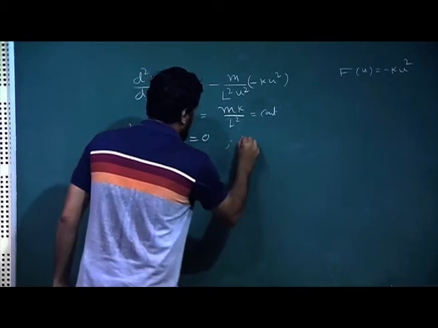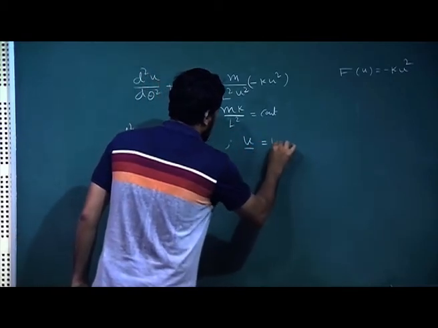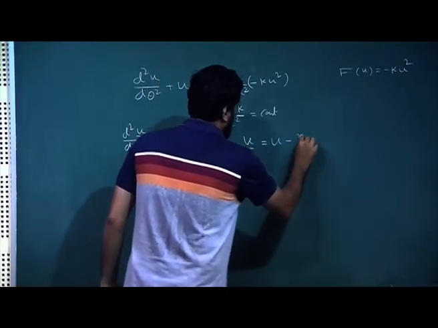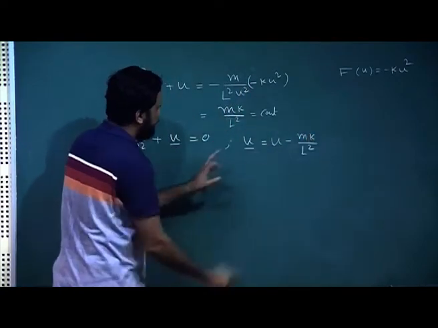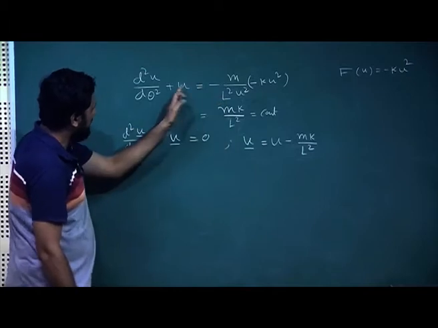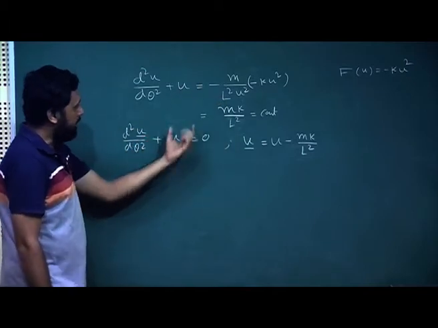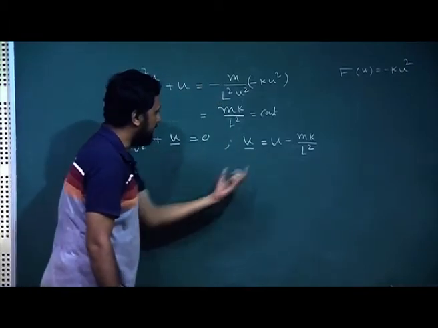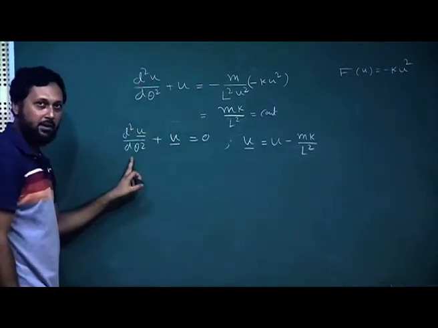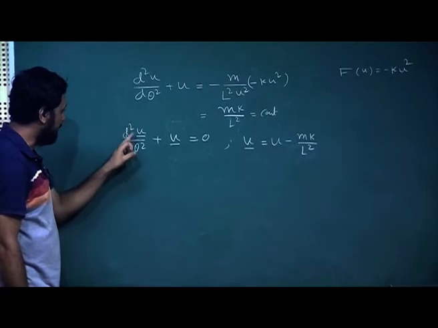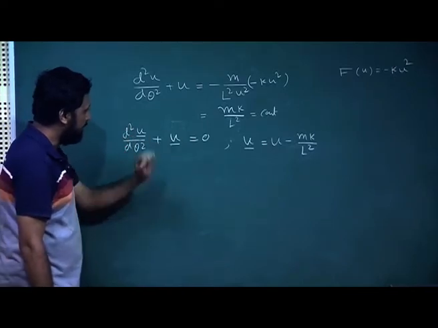We define a new parameter ū, which is u minus mk/L², this constant. So, we took this on the left hand side. Because it is a constant, the second derivative is not going to vary. So, we can simply write it as d²ū/dθ² + ū = 0.